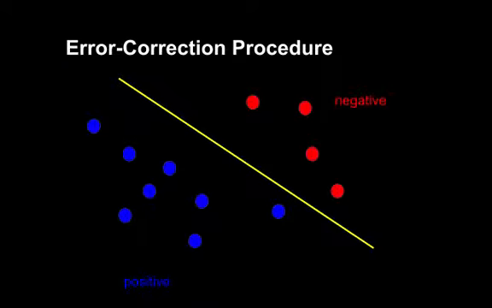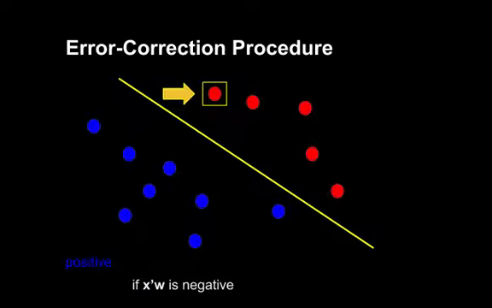This is the perceptron error correction procedure. If you read Rosenblatt's paper, he actually talks about it in terms of reinforcement learning, the same way an animal or person might learn. I show you an example, I ask you a question, and if you get it wrong, you know you have to change something. So here's what we do. We get a new data point. You can look at it immediately and say, oh, it's on the red side of the line, which I said was negative a minute ago.